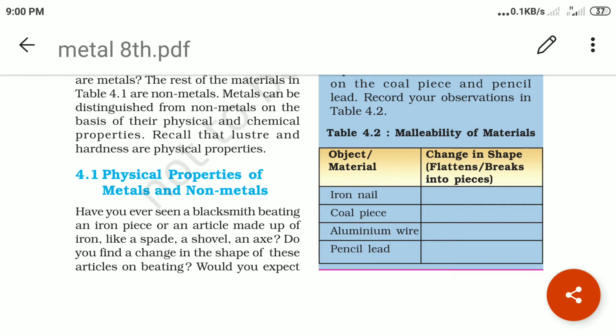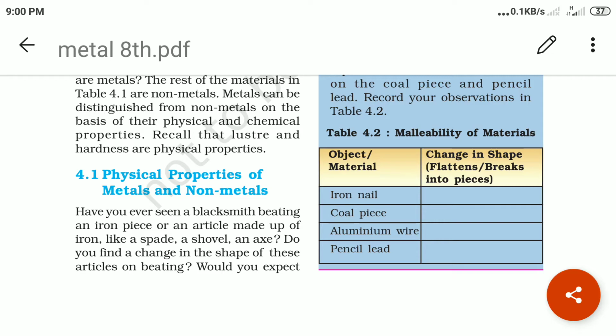When we are hammering, when we are beating on the nails, there are two types of changes in the materials: first is flattening and next is breaking. When we are beating an iron nail, it flattens.